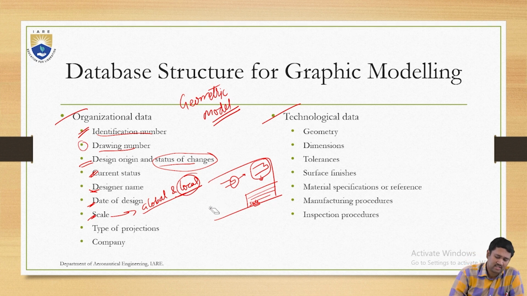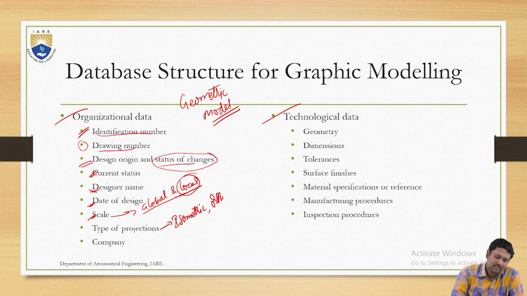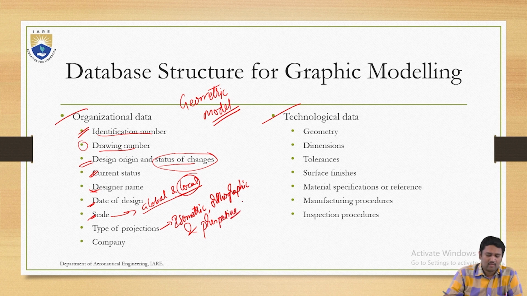Next is your projections. Basically, while creating a draft, you will have three types of projection, to be precise: isometric, orthographic, and perspective projection. What do you mean by isometric?